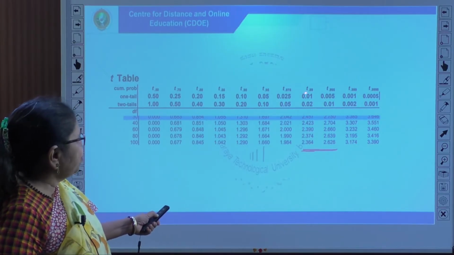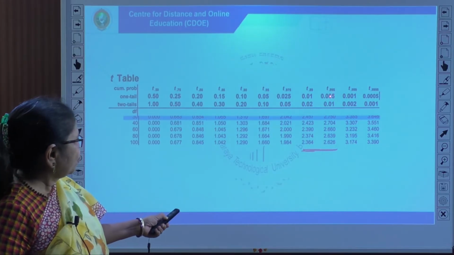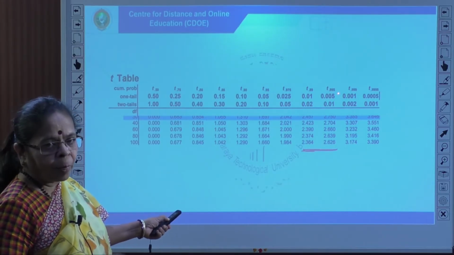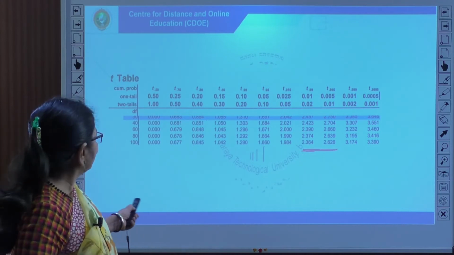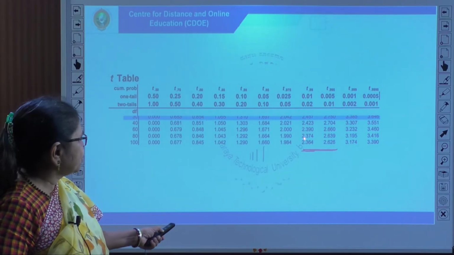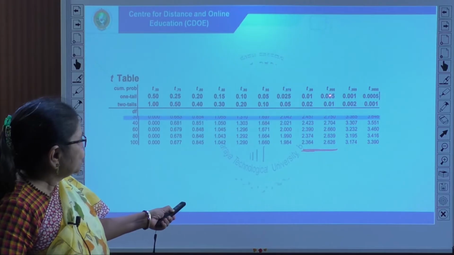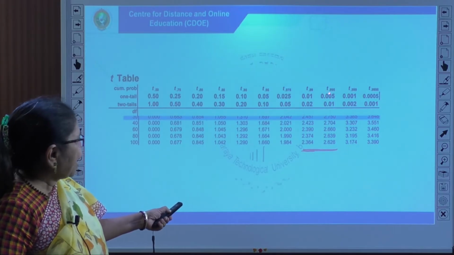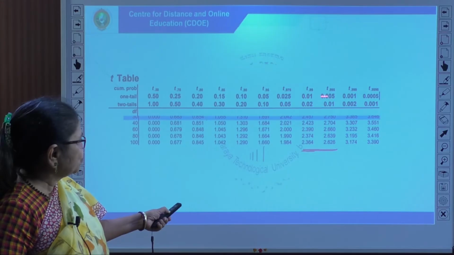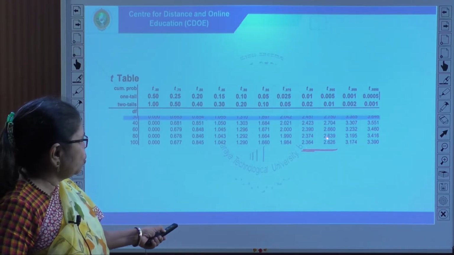I will be using the one tail if I want greater than, or I can use 2 tails. Let us take the 1 tail. This is 1% and this is 0.5%. This value is 2.364 and this value is 2.628.